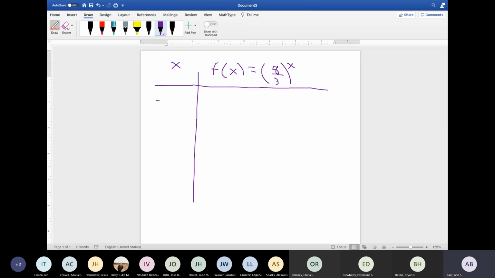So we first select -2. And now we plug it in for x up here. So now we want -2 for x. So let's do that on our calculators.